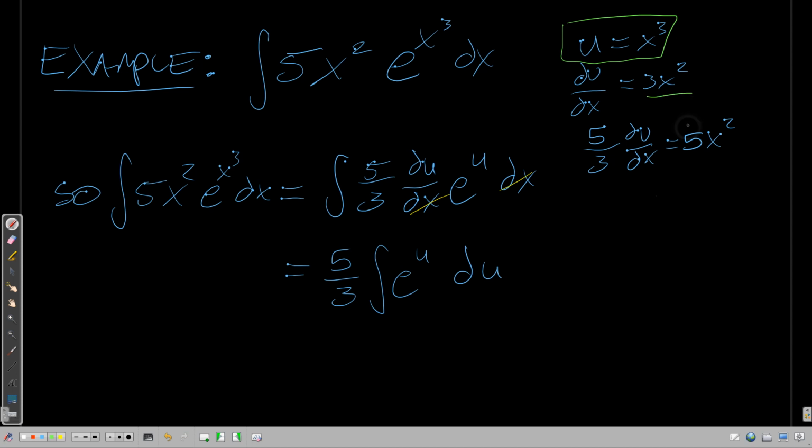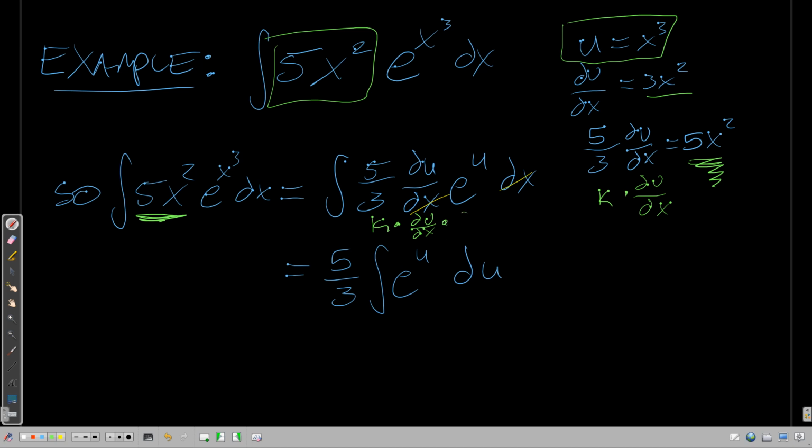And the derivative of u is this 3 to the x squared, but that's just a constant times the derivative of u. And that constant times the derivative of u is part of f. It's right here. So this part of f is nothing more than this constant times this derivative.